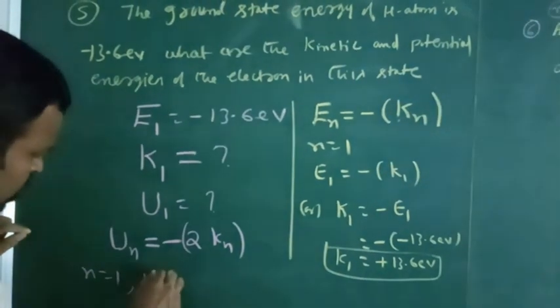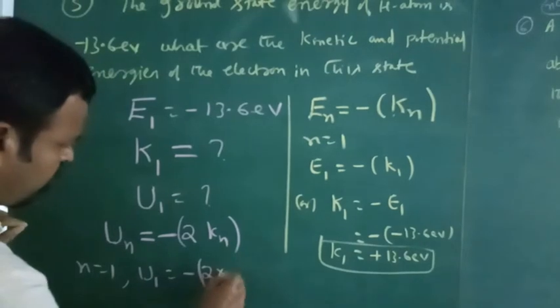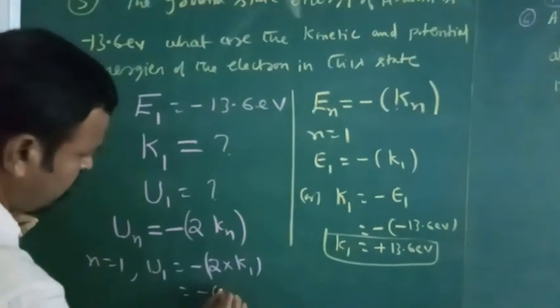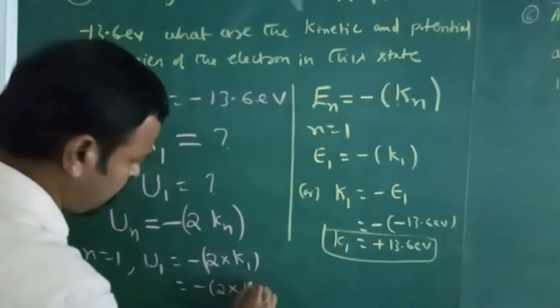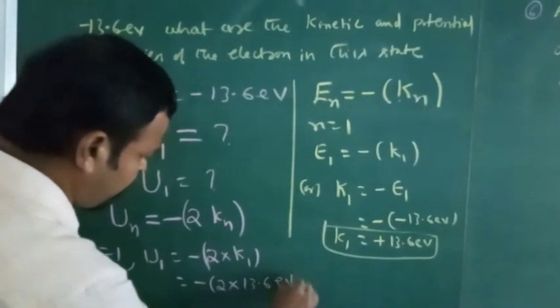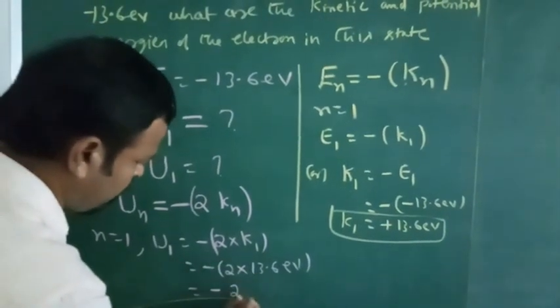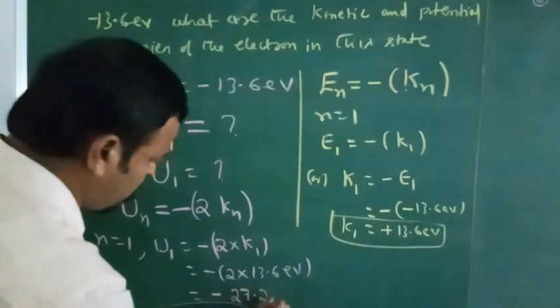Therefore, U1 is equal to minus 2 into K1, which is minus 2 times 13.6 eV, so minus 27.2 eV.